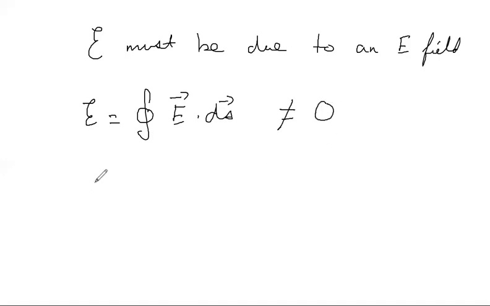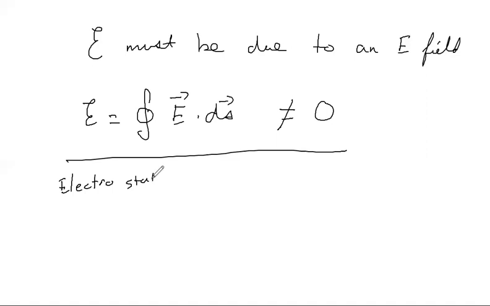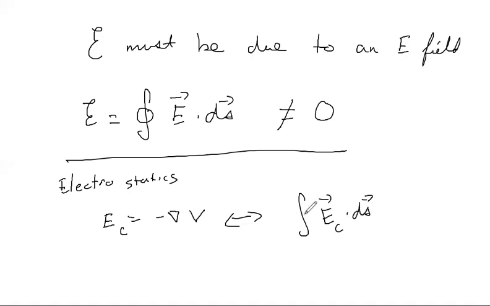Remember, in electrostatics, we had that the electric field, and I'll write this as the conservative electric field, was equal to minus the gradient of the electric potential, and this was equivalent to the statement that the integral of E conservative dot ds around any closed loop is zero.